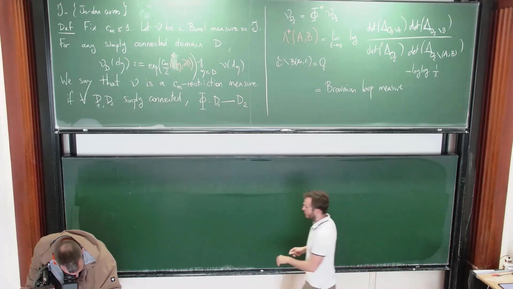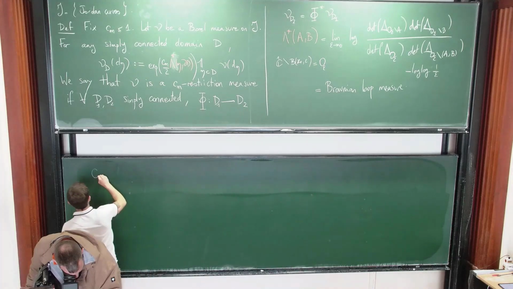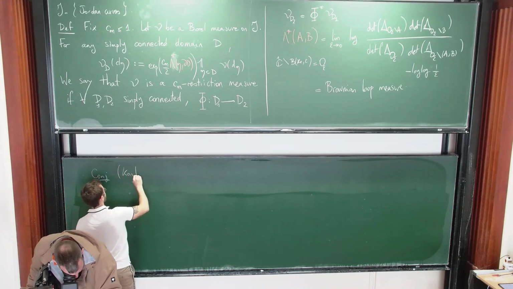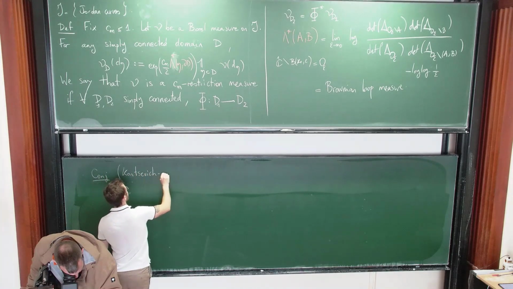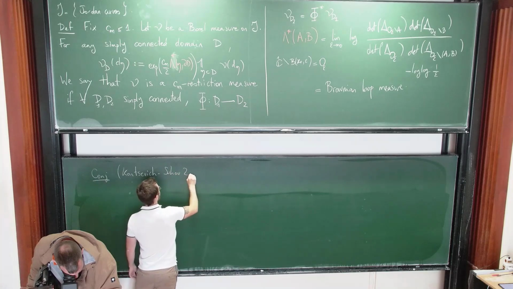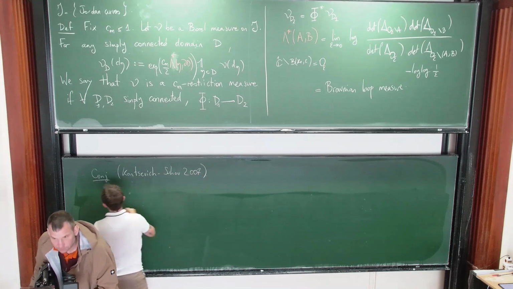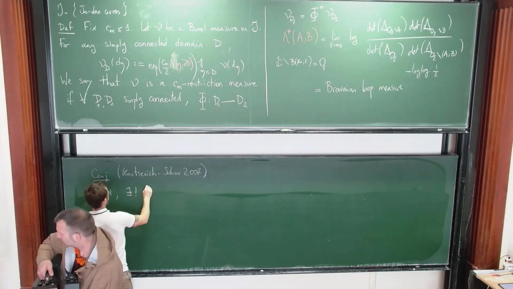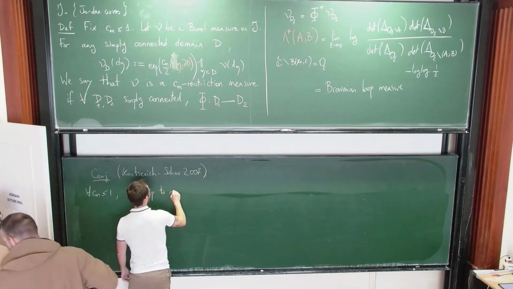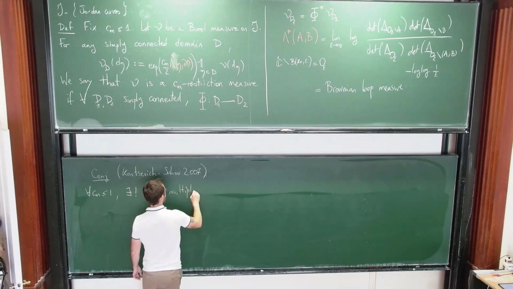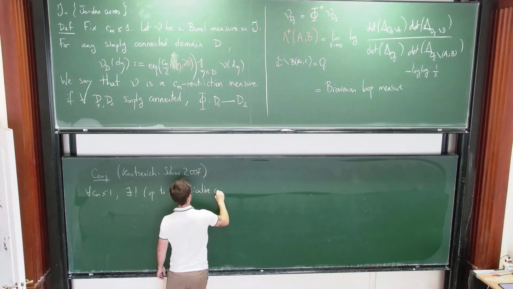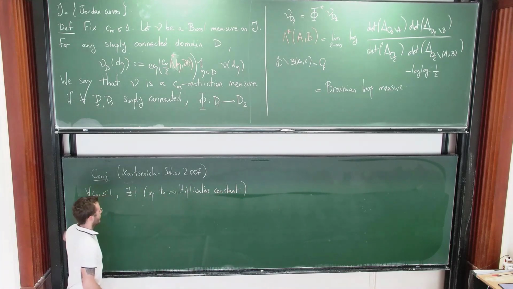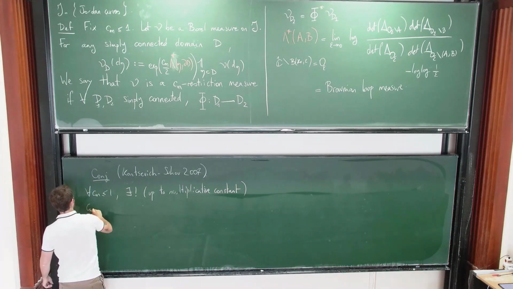Okay, so let me write the conjecture. By Kontsevich and Suboff: for all Cm, there exists a unique, unique up to multiplicative constant, Cm restriction measure.